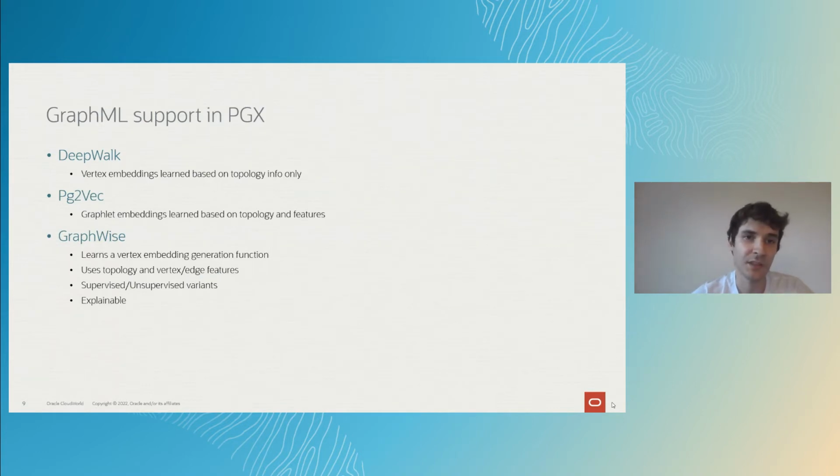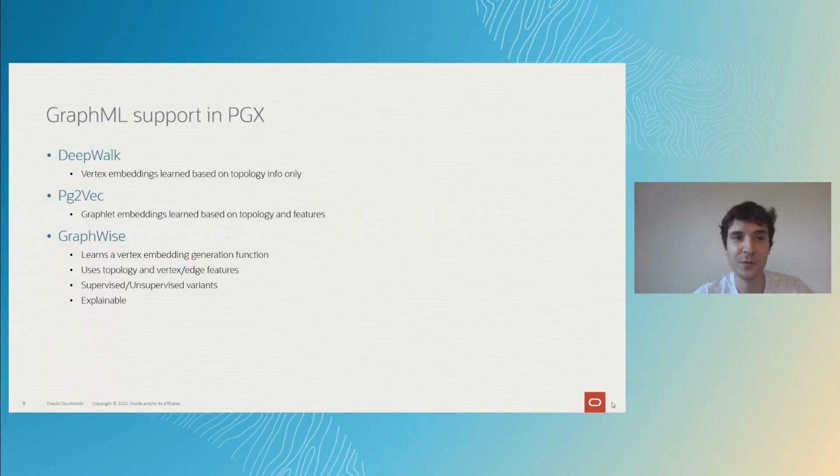As for what we have in PGX, we have various models. Some of them are used to generate embeddings for vertices. So for example, DeepWalk is a method that will learn embeddings, so n-dimensional arrays of numbers, for each single vertex in the graph. This DeepWalk technique just looks at the topology. It doesn't look at the features.